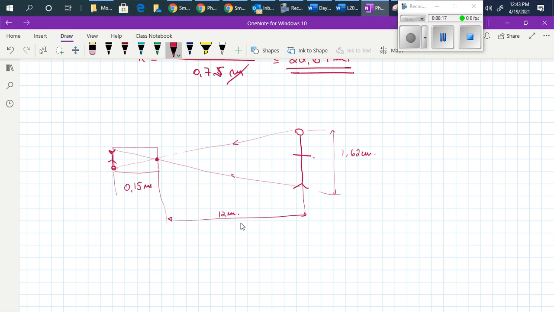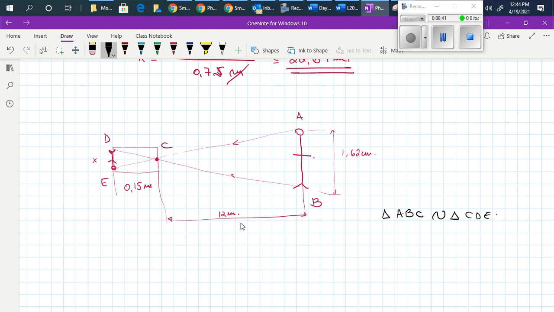And let's figure out what this X here is. Again, I will put some letters: A, B, C, D, E. What we have here is triangle ABC is similar to triangle CDE.